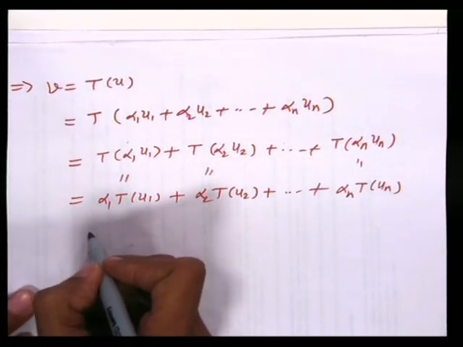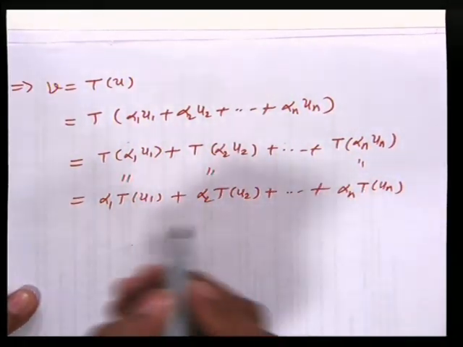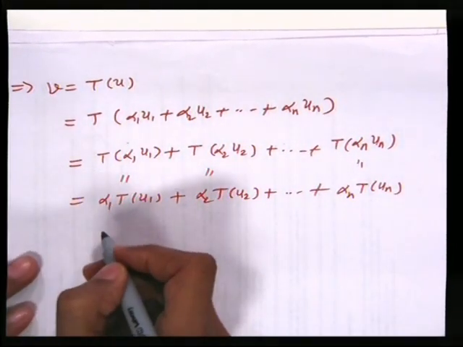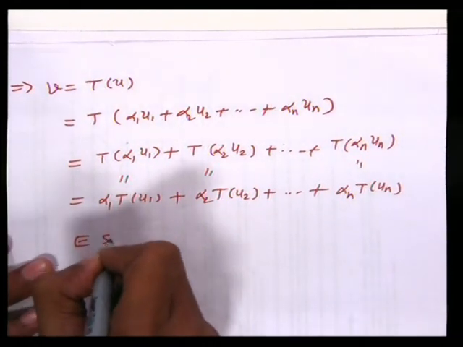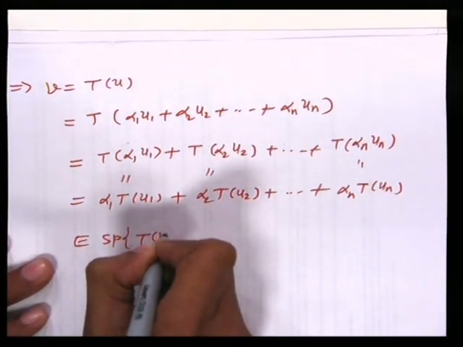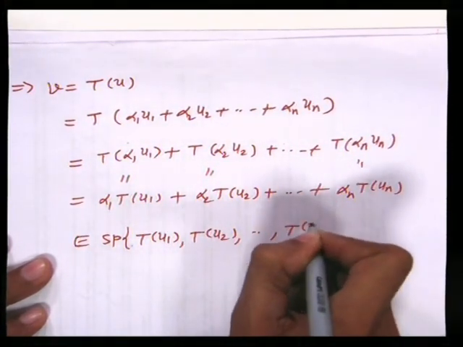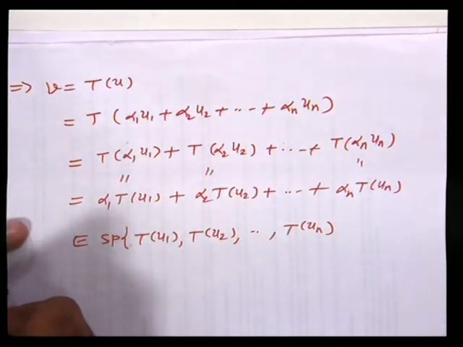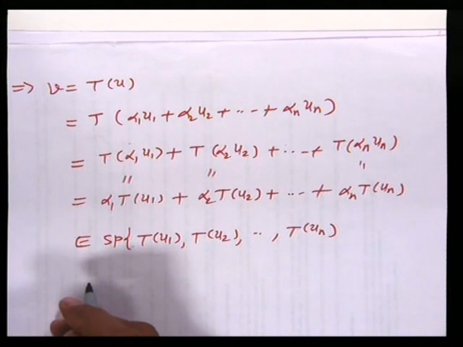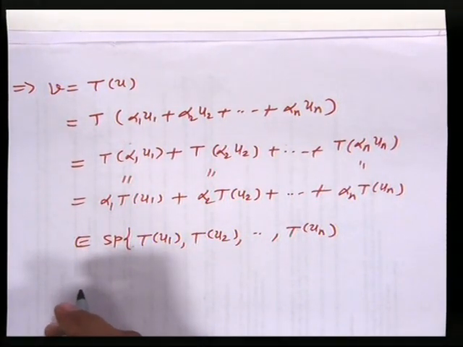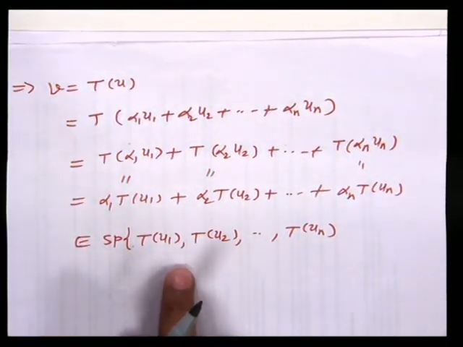Here alpha 1, alpha 2, alpha n are scalars, and T(u1), T(u2) are vectors of the set T(u1), T(u2) up to T(un). So we can say that this belongs to the span of the vectors T(u1), T(u2) up to T(un). So we have chosen v as a random vector of R(T), and we have shown that v belongs to the span of T(u1), T(u2) up to T(un).